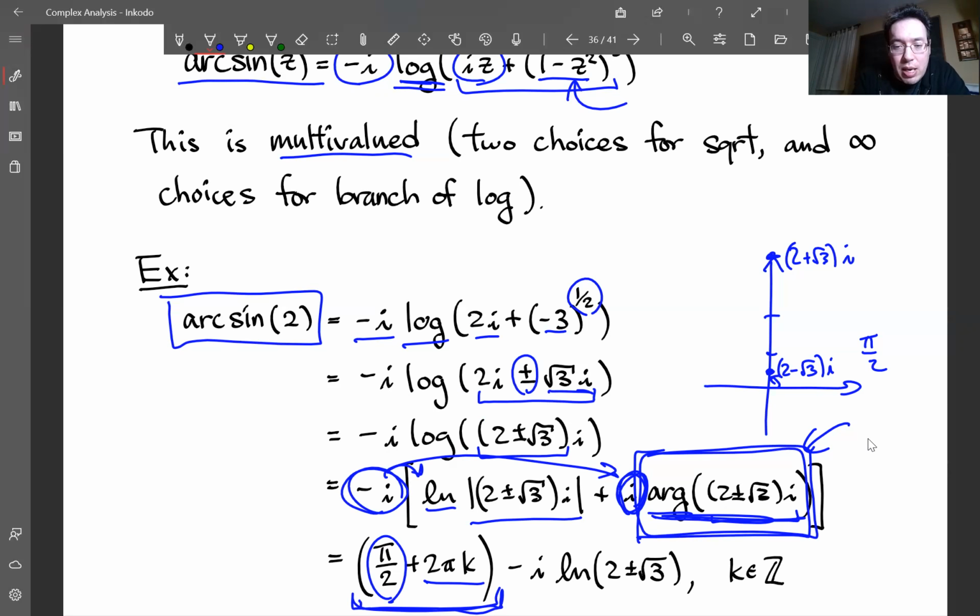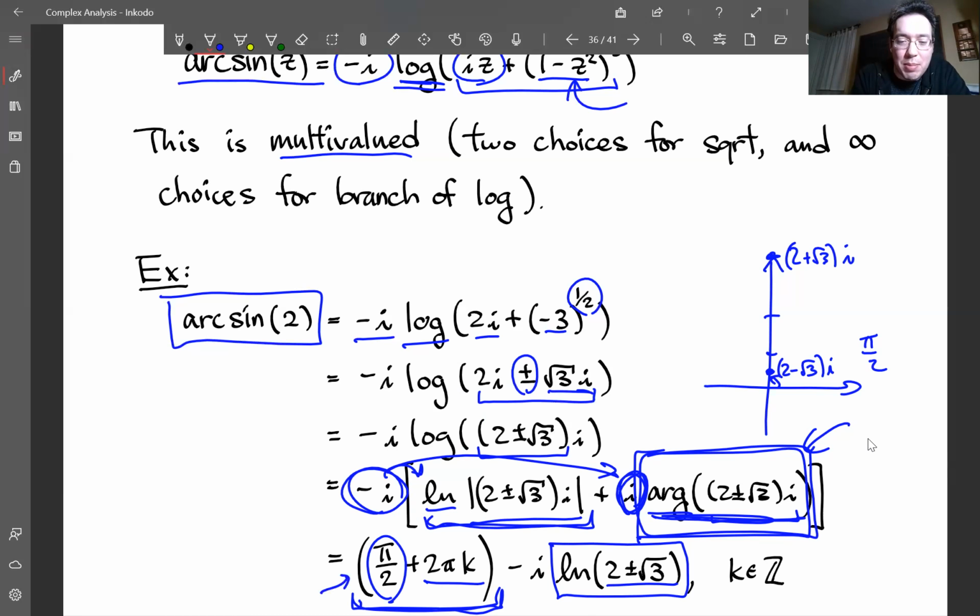Okay. Now I have to compute the natural log part. Well, what's the modulus of 2 plus or minus square root of 3? It's just 2 plus or minus square root of 3. So we have two answers there. So there are 2 possible imaginary values.